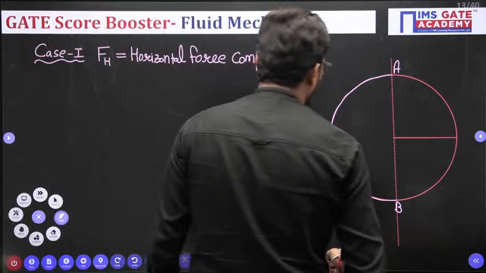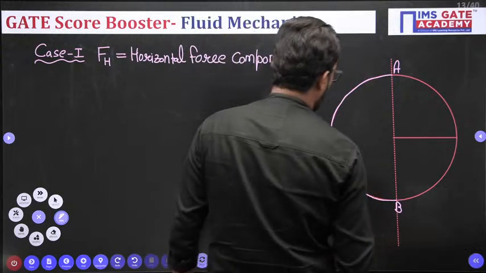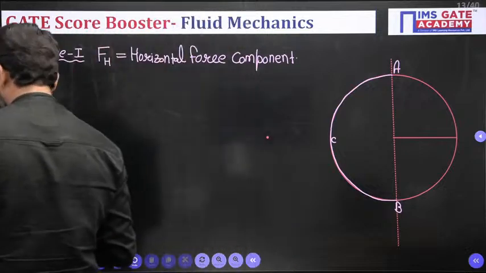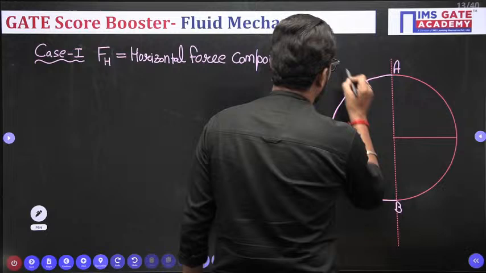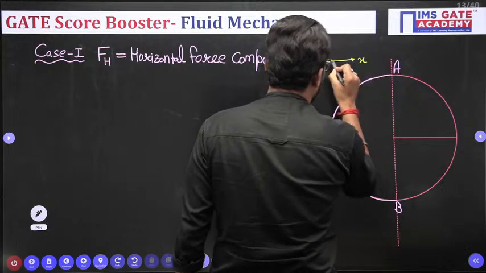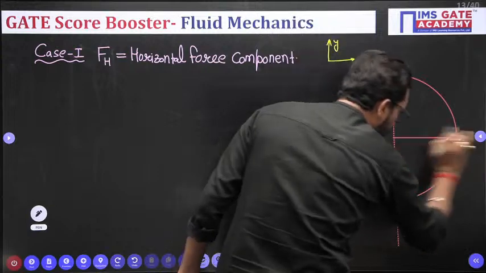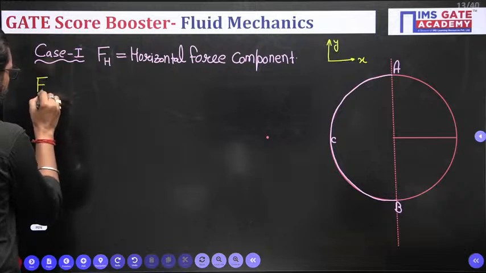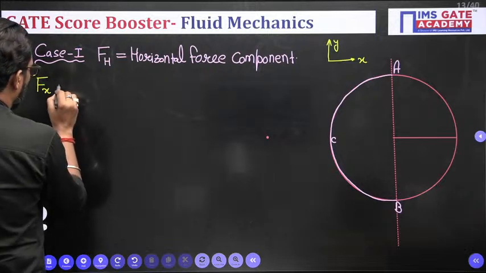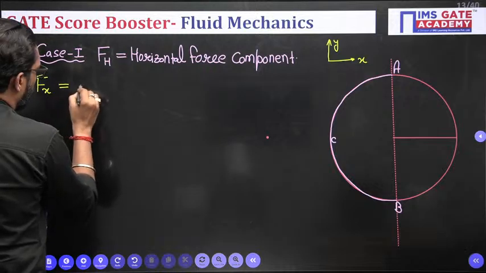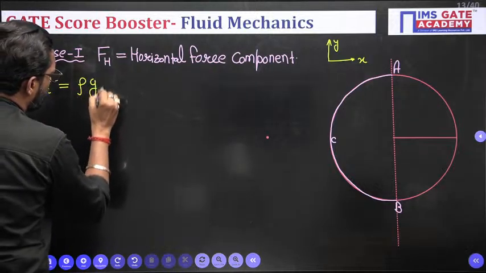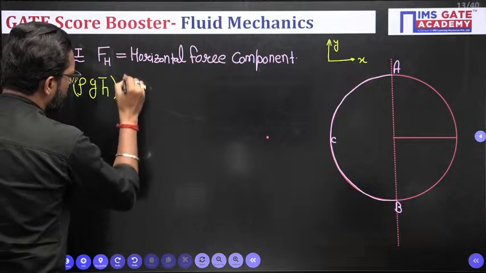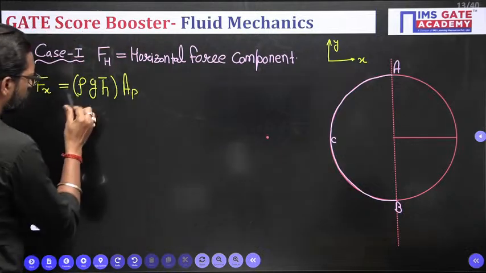Now, my dear, we have to find the vertical force and the horizontal force. If you find the horizontal force, what is it, beta? Let's suppose this is your x direction and this is your y direction. So the horizontal force is in the x direction. If you find Fx, the horizontal force, what is that? We know it is the centroidal pressure, rho g h bar, into the projected area. What is this, beta?